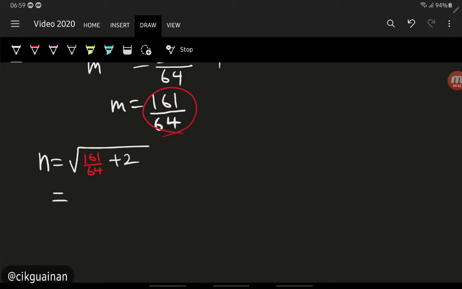I have, is it squareable? Oh, it is. It's a square root of something, 17 over 8. It's 289 over 64. So these are the answers for the first one. M is 161 over 64 and n is 17 over 8.